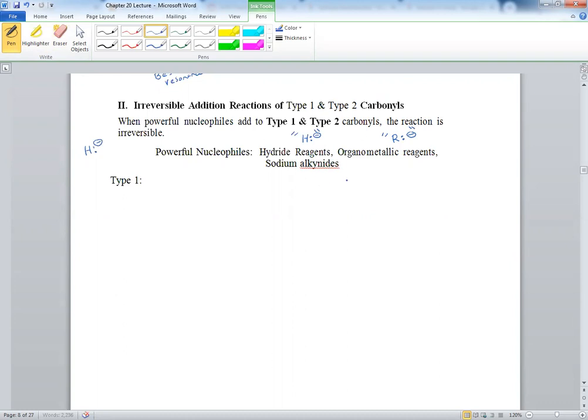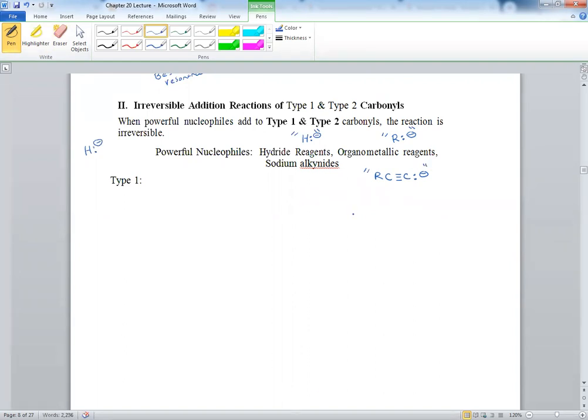And of course, sodium alkanides are from the alkyl groups. We've seen these in SN2, even in the last chapter, as a nucleophile. So that would be the sodium alkanides.